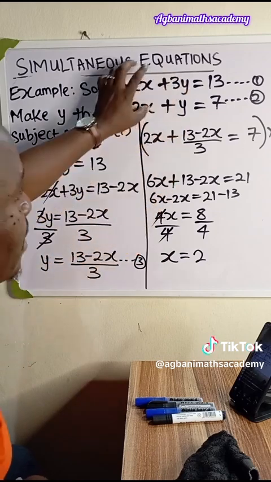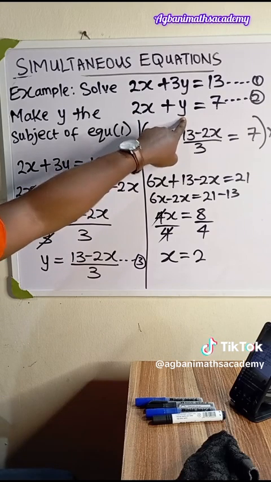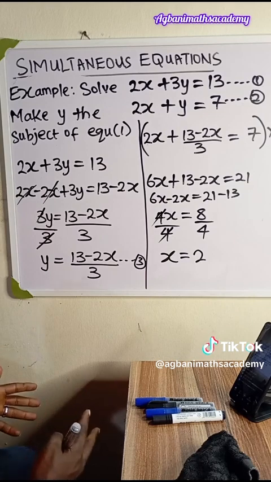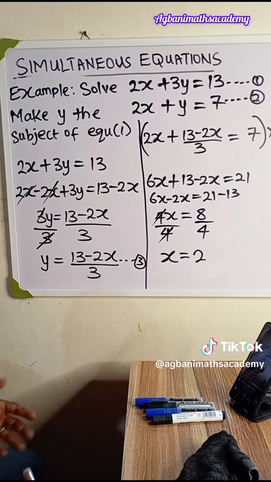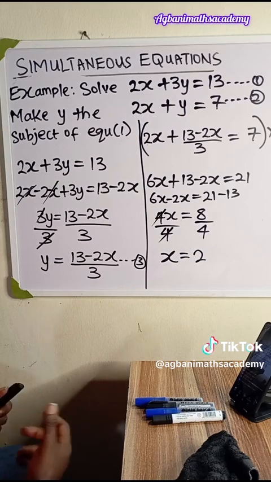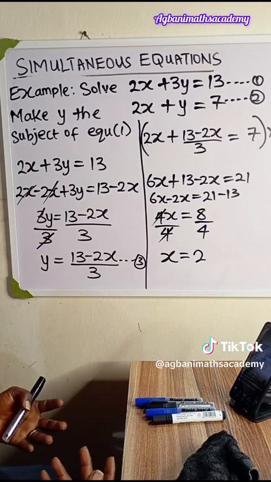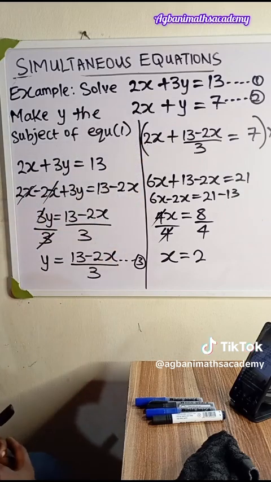So when you see a variable like this without a number, that is the one you make the subject of the equation, to make your work easier, to make your work faster. You can just use this one, okay? But we use this one because I told you guys to choose the one you want. So if you decide to make this one the subject, you end up getting the same answer.